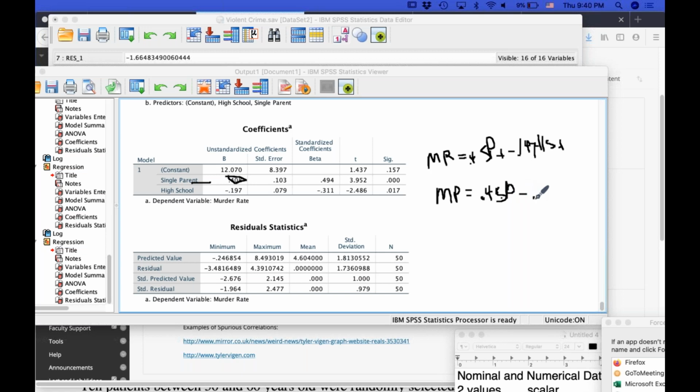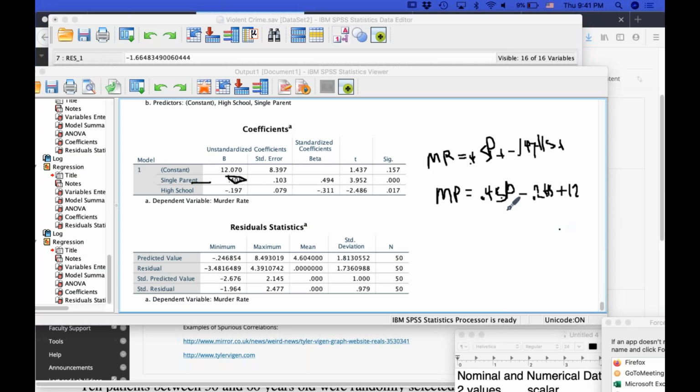Minus, I'm going to call it 0.2, make it easier, 0.2 times the high school graduation rate plus B. B in this case is 12 plus 12, right? Okay, so let's see what this tells us about the murder rate.